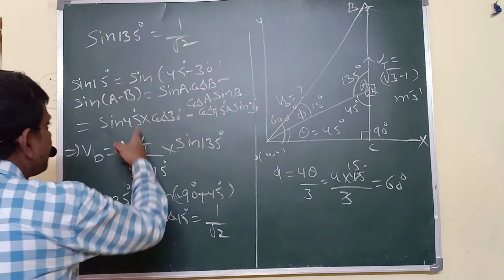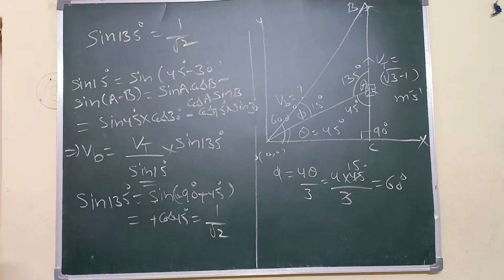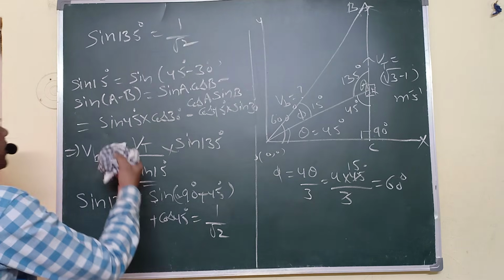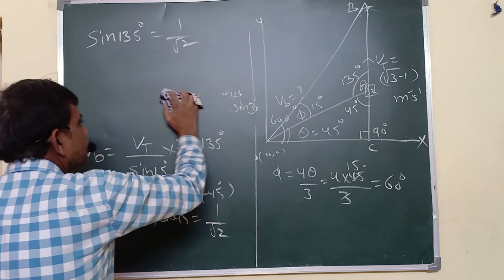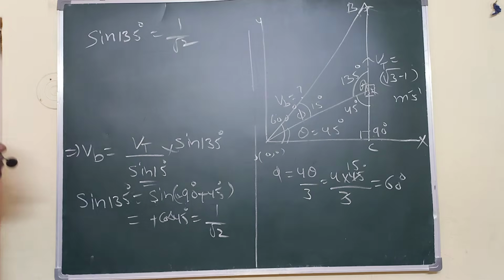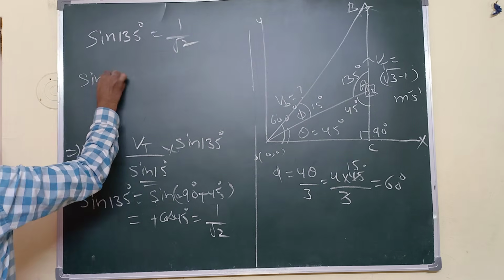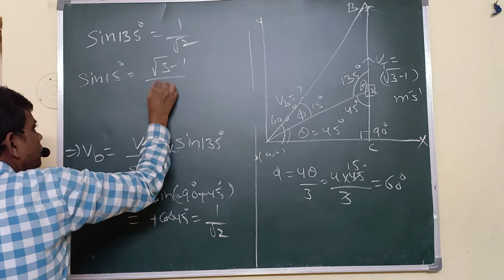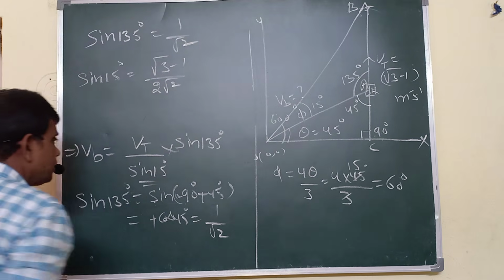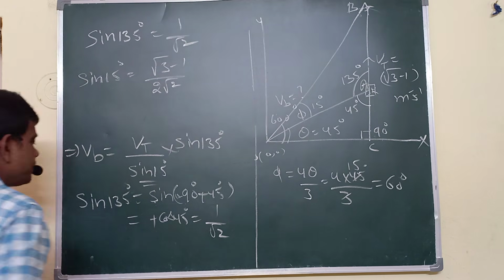So finally, what is sin 15 degrees value? Sin 15 degrees equals root 3 minus 1 by 2 root 2. Remember this value. Now I am substituting all of these values.